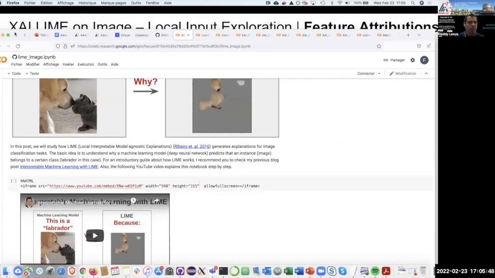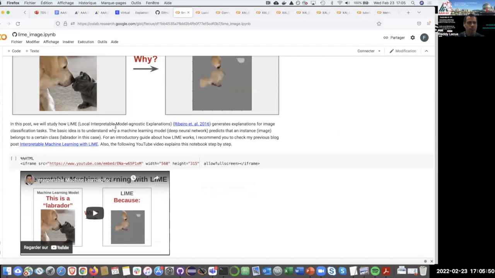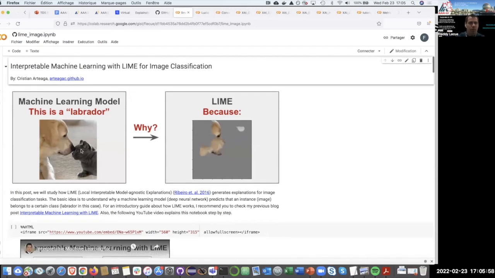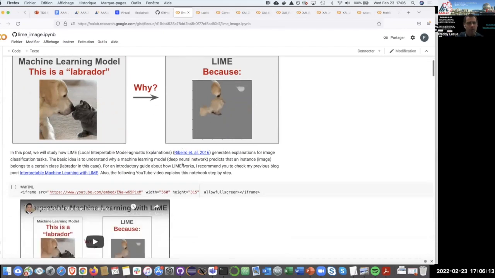So here I just copy some content from Christian Artiga. It's a pretty good collab that they did. What you see on the left-hand side is a picture of a dog and a cat, and LIME is capturing patches of what's making the explanation be captured as a labrador. So it's captured as a labrador.